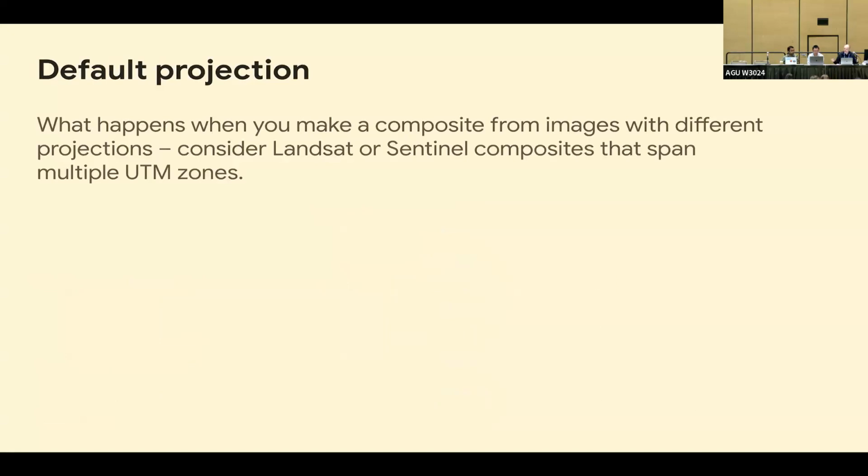But if you're working with a composite of images, a mosaic, so for instance, if you have Sentinel or Landsat and they span a really large region so that you have multiple UTM zones, you've got multiple projections that you're trying to run this analysis, this compositing mosaic, on. It doesn't know which of those UTM zones it should do the analysis in and what the results should be in. And so the engineers have set a default projection, which is WGS 84, just lat long, and the pixel size will be 1 degree.